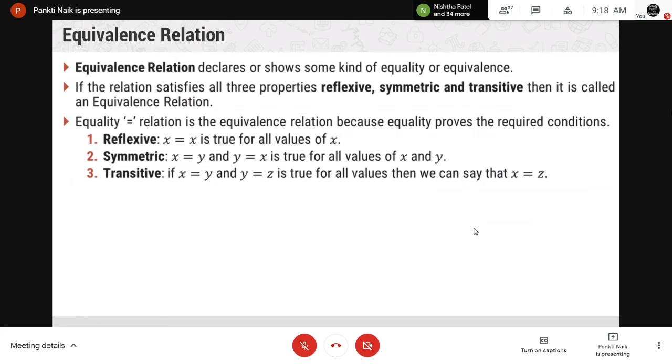What is an equivalence relation? If some relation fulfills all three properties, reflexive, symmetric, and transitive, then this type of relation is known as an equivalence relation.